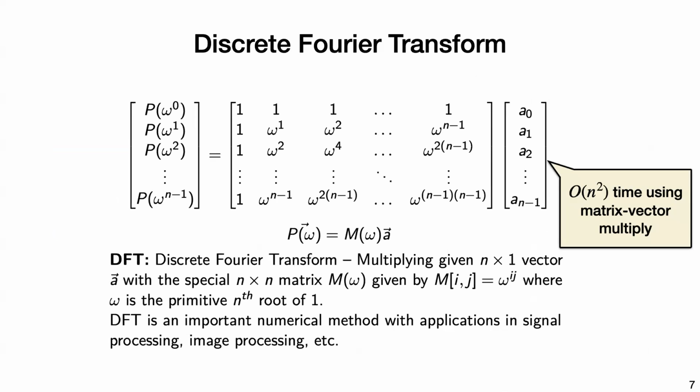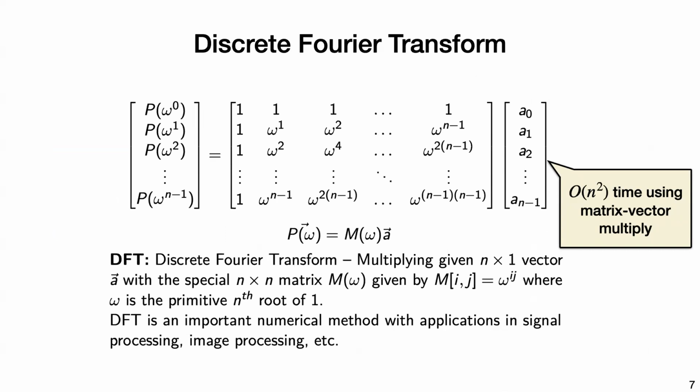So at a high level, this is what the discrete Fourier transform is. The discrete Fourier transform is the problem, and the fast Fourier transform is an algorithm to solve the problem. It breaks down to basically a matrix vector multiplication.